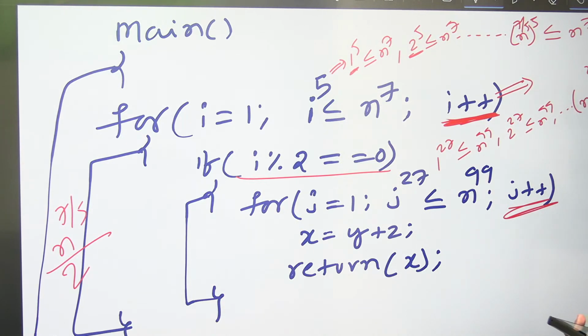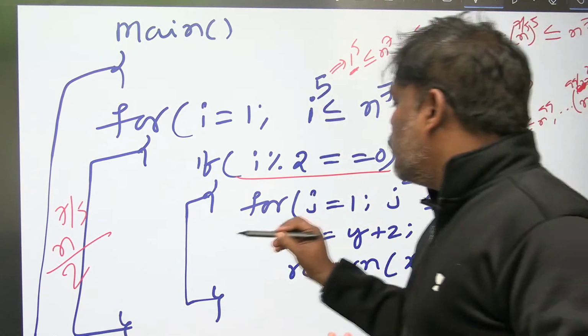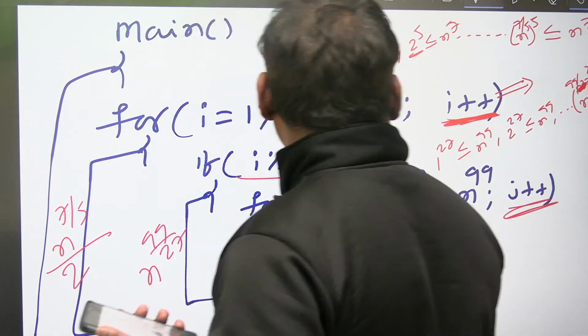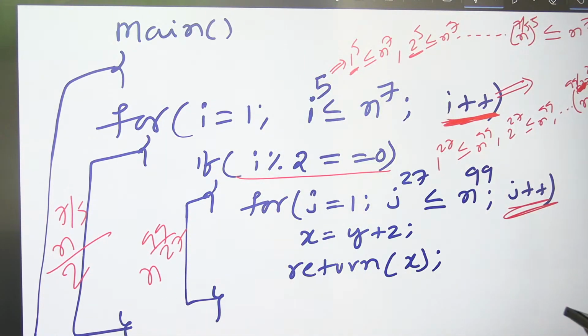What is that? n power 99 by 27, because the 27s cancel. So the second loop is n power 99 by 27. So the first loop is n power 7 by 5, the second loop is n power 99 by 27.